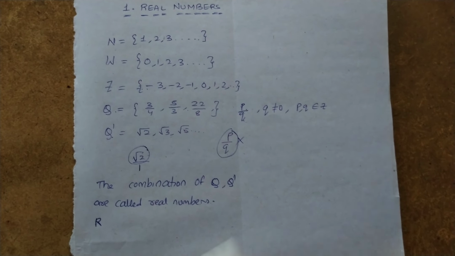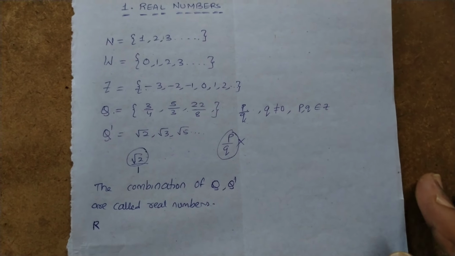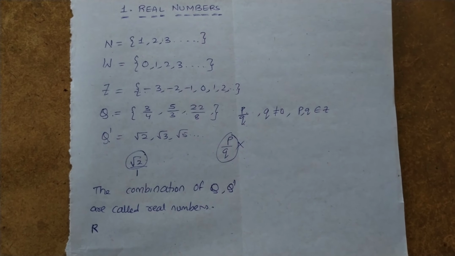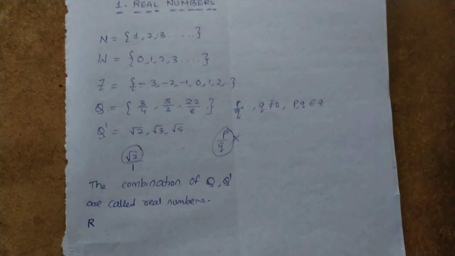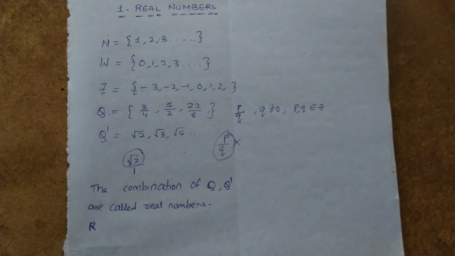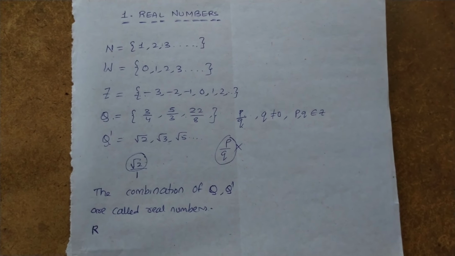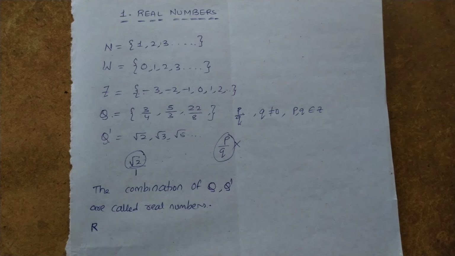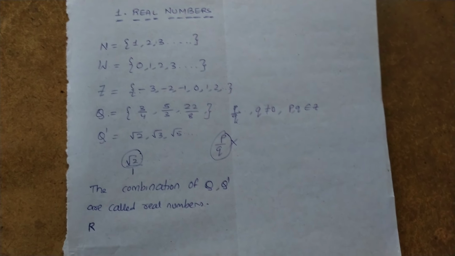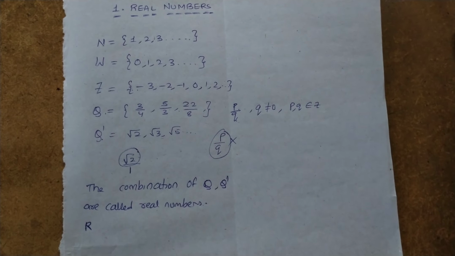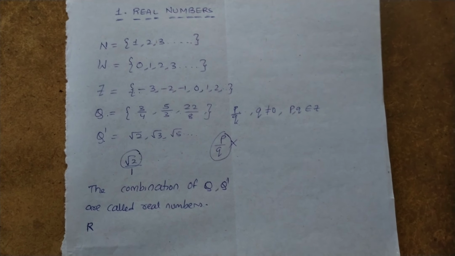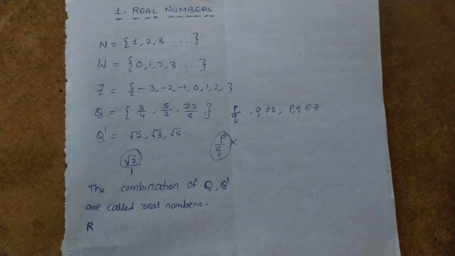Where do we use real numbers? In our real life, everywhere, right? If you want to buy any chocolate or any item from the supermarket, you ask what is the amount, and he tells you like 10 rupees. That 10 is a real number, right? If you travel from one place to another, the distance between the two places is measured, suppose 50 kilometers.